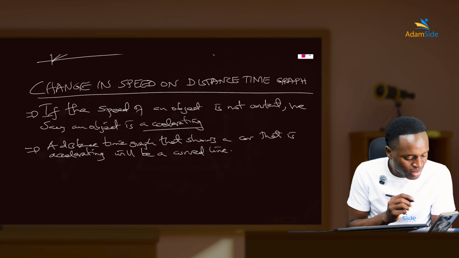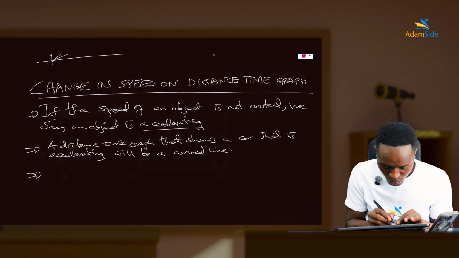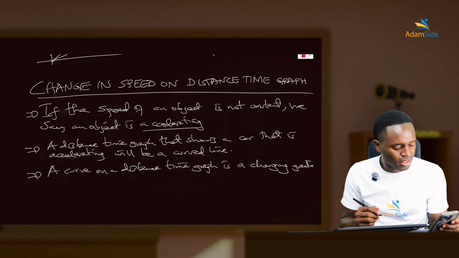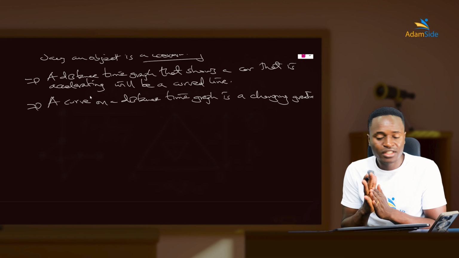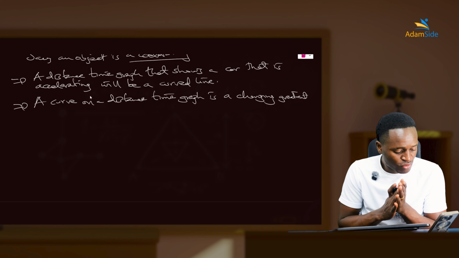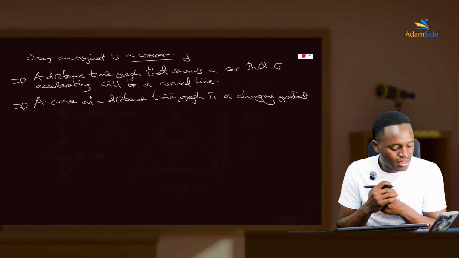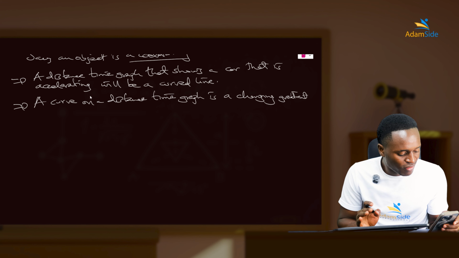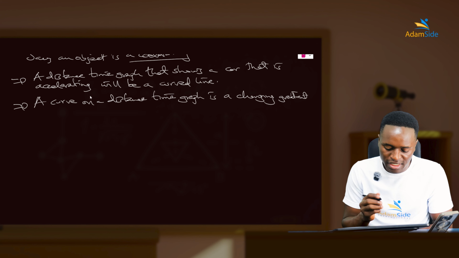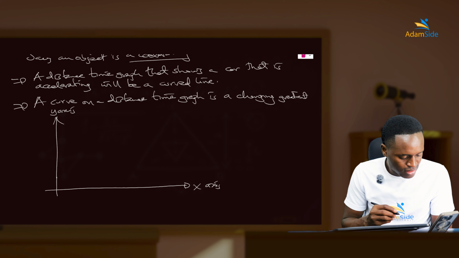A curve on a distance time graph is a changing gradient. If the gradient increases over time, the speed is increasing over time, and if the gradient decreases over time, the speed is decreasing over time. So how do we show that? We draw our curve on the axes.